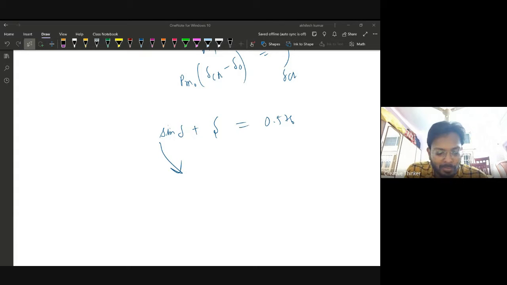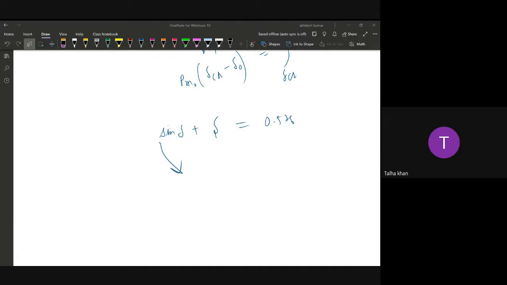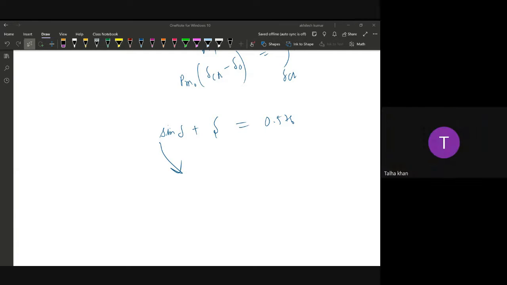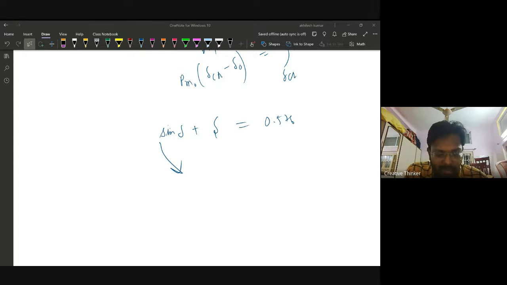Sine x plus x, then minus 0.576. After putting this, press shift and then solve, that button.